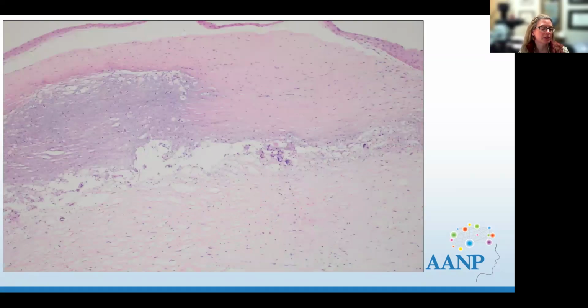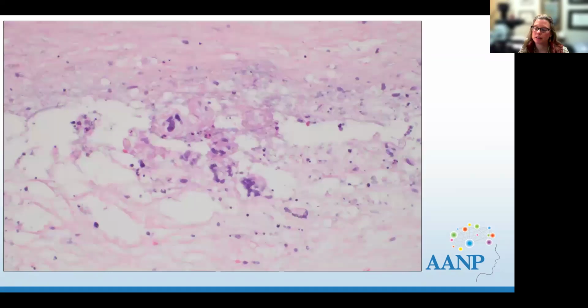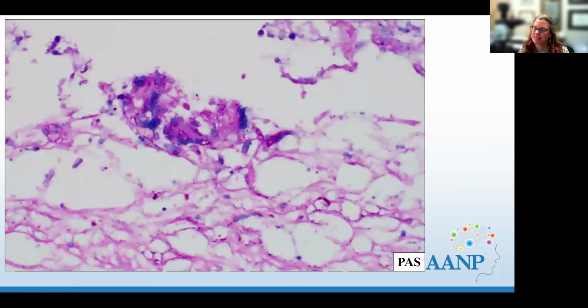And so if you look more closely, you see what look like inflammatory cells deep within the stroma, and those look like giant cells. As we get closer, you see that there are hyphae that look like they're in there as well. They are. And this is a PAS stain showing you those giant cells with some hyphae off to the right side there.